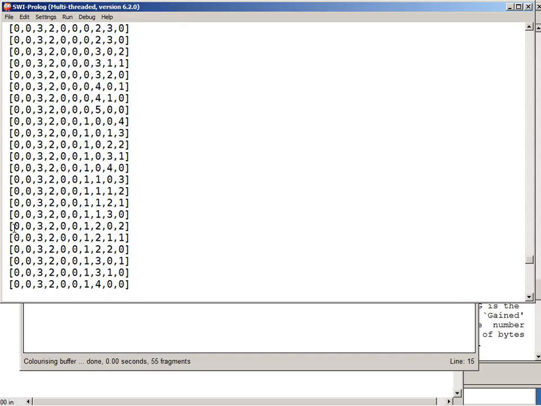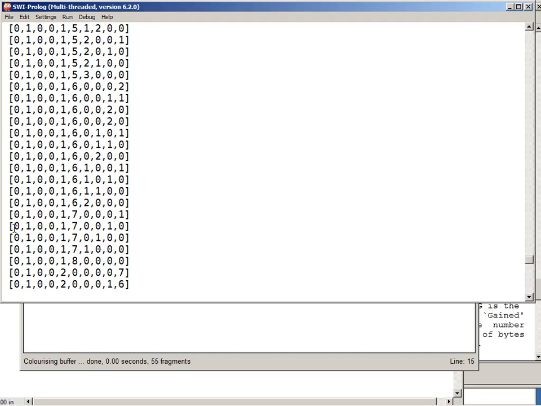Well, of course, it's much slower when it prints. So we have to get a 6 in the first column.